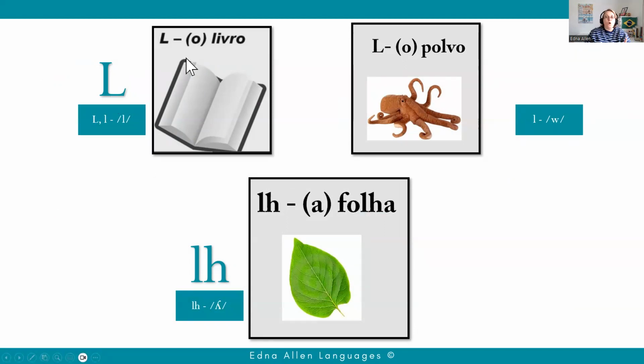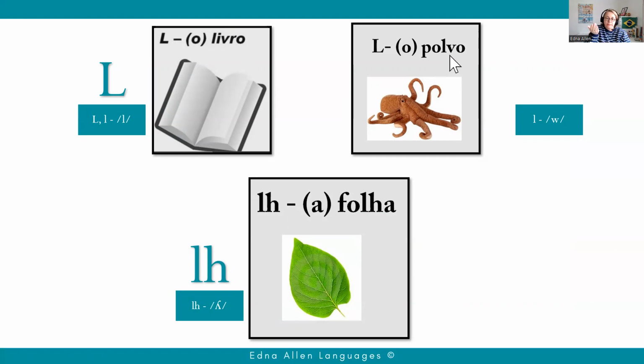L. O livro. O livro. Livro. Nothing special, simple. Certo? However, when you have an L right there in the middle, or right at the end of a word, I would recommend you not to exaggerate in the pronunciation of that L. So we don't tend to say it strongly like polvo. No, we would do polvo, polvo.